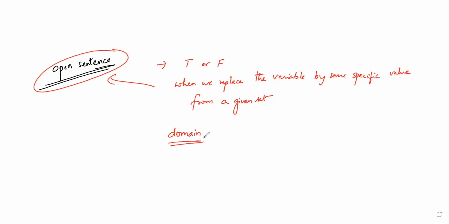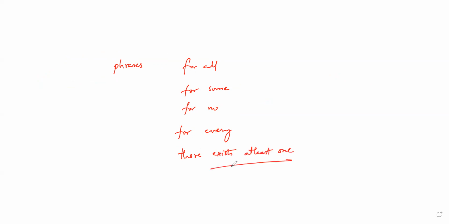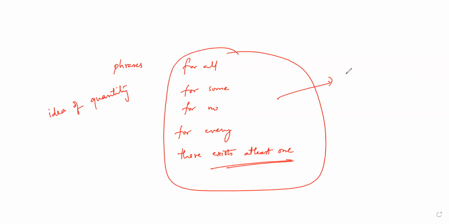And there are certain phrases, sir, like for all, for some, for no, for every, there exists at least one. All these are conveying the idea of quantity. Hence, these are all called quantifiers, because they are talking about quantity.